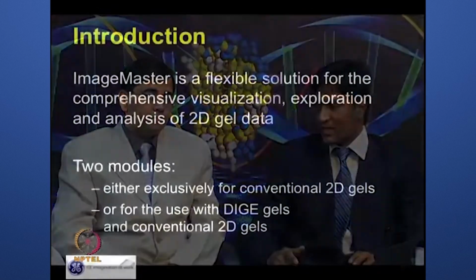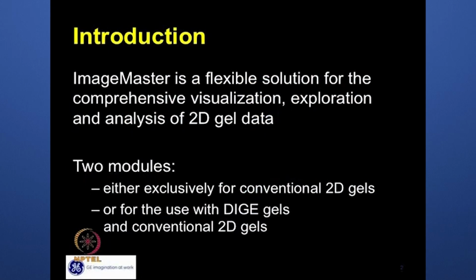Two modules are available in the software. The first one is Image Master 2D Platinum, and within this we have another module, Image Master Platinum, which is enabled for the DIGE application also. So, the same software can be used for traditional or regular two-dimensional gels, as well as for advanced techniques such as difference gel electrophoresis.